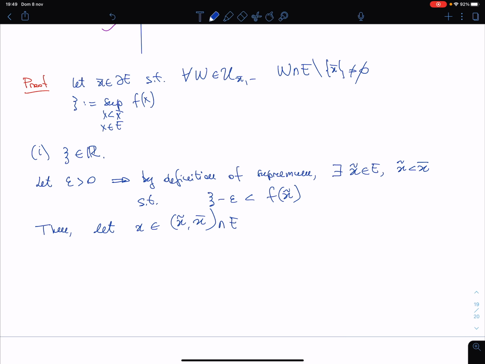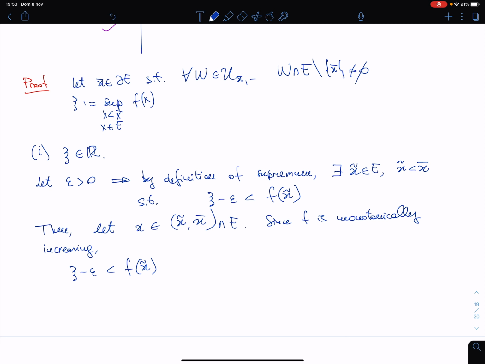So since f is monotonically increasing, one has that psi minus epsilon is less than f of x tilde.